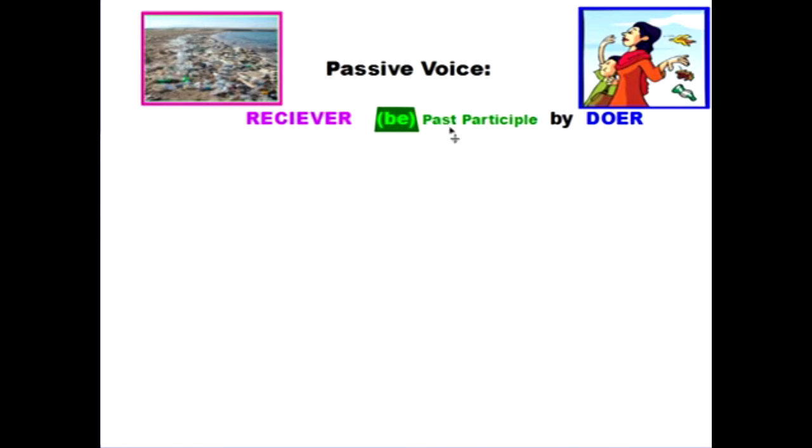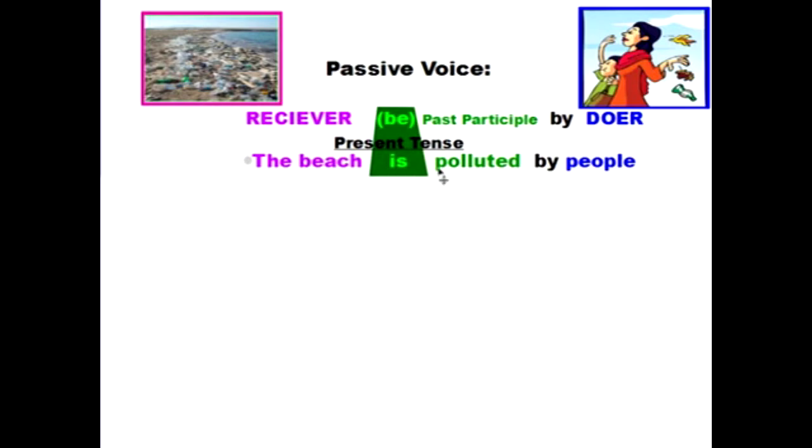I'm always using the past participle, but I change this one to make it in the past or in the future. So if it's in the present tense, right, I say the beach is polluted by people, and I use be in the present tense. Now, if I wanted to be plural, I could say the beaches, plural, are polluted by people, because I need to use the plural form of be, right? So again, it's the form of be that I change when I want to change my passive voice.